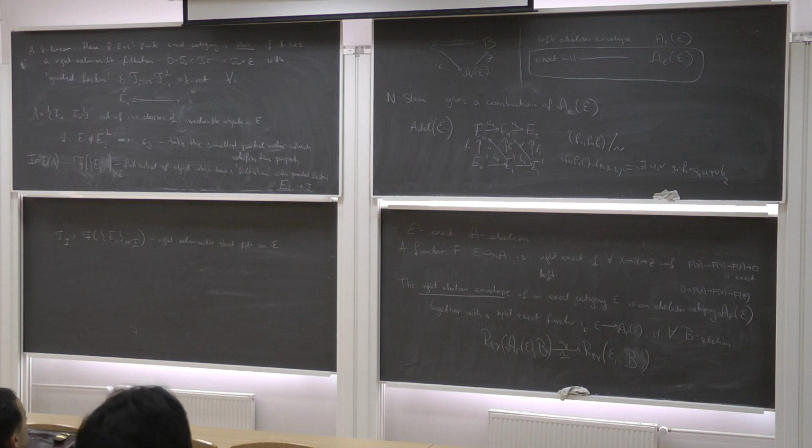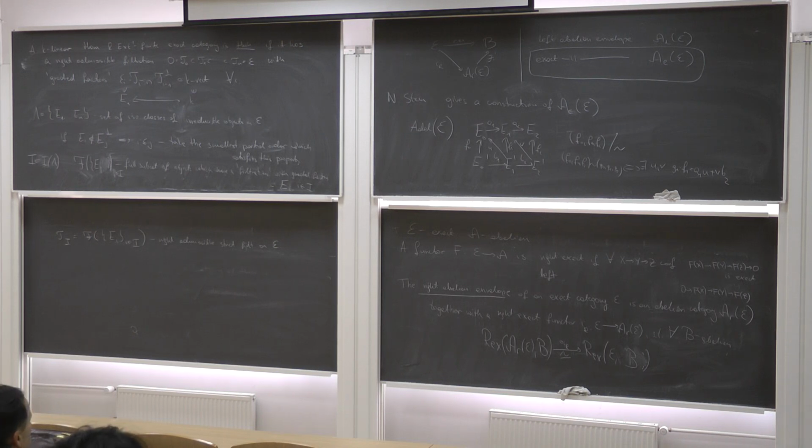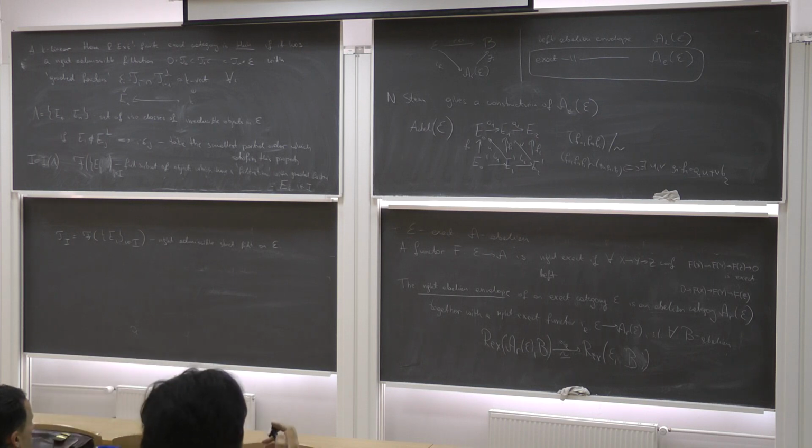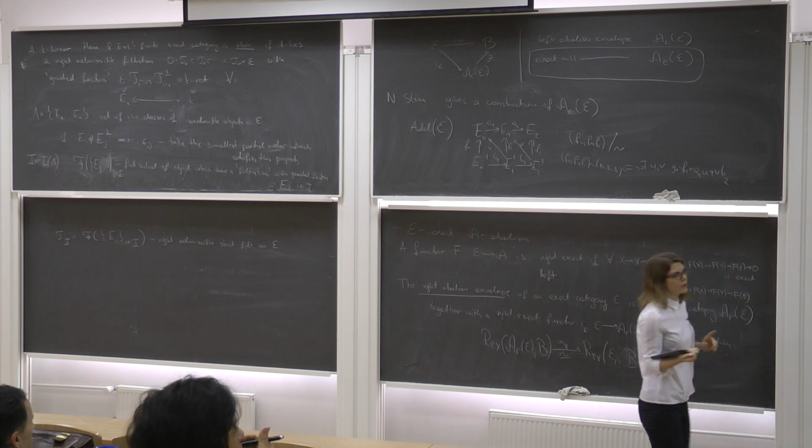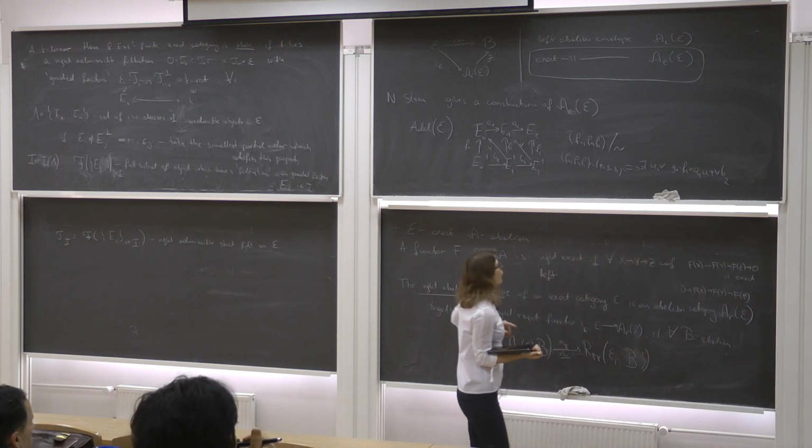I have a conflation X, Y, Z, and every conflation gives me 3 objects of S. So first of all, I have 0, X, Y in S. Then I have X, Y, Z in S. And then I have Y, Z, 0 in S. So when I mod out this Serre subcategory, I will get this exact abelian envelope.